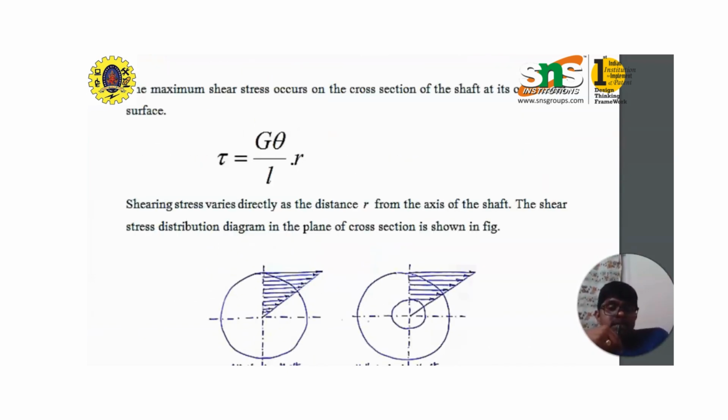And the maximum shear stress occurs on the cross section of the shaft at its outermost surface. Okay, so this can be represented as tau is equal to G theta divided by L into R. Here the stress variation shown in this circular diagram starts from 0, and at the end point we have the maximum stress concentration, and in between the stress value increases linearly.